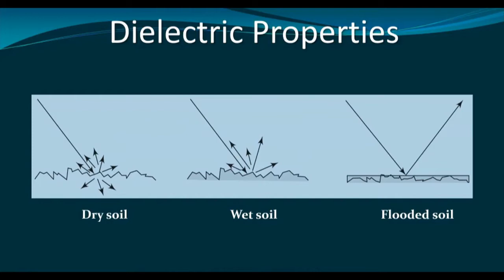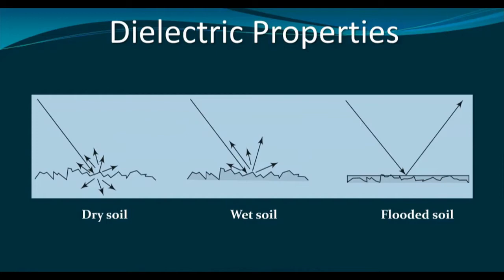And if we consider this one as a rough surface, then definitely the energy will be reflected in all possible directions. Then some of these reflected energies will definitely reach the sensor and it will be recorded.